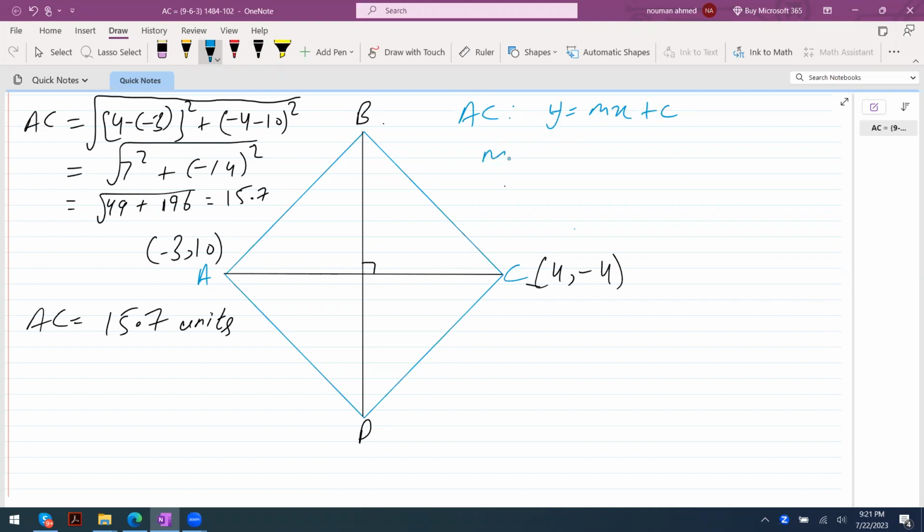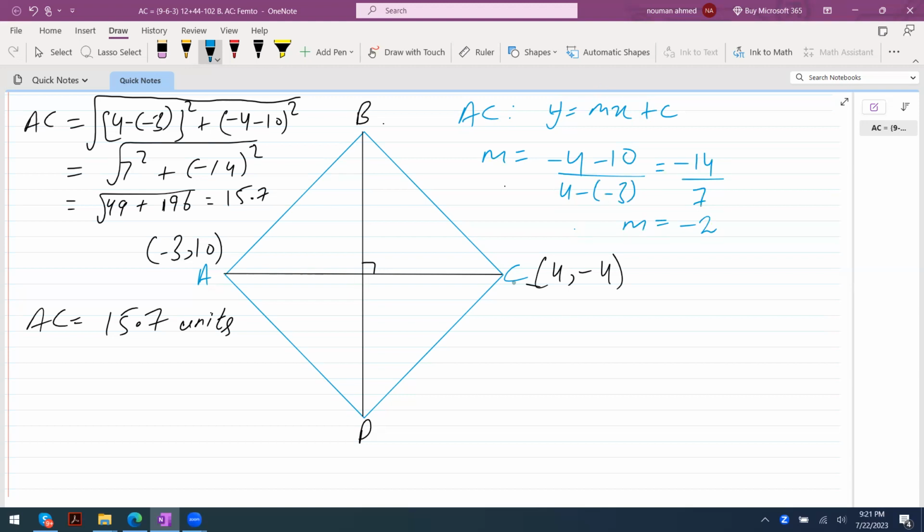So m is equal to y2 minus y1 over x2 minus x1, which is -4 minus 10 over 4 minus -3. Careful about the signs. Signs can make your answer wrong here. So m is equal to -2.